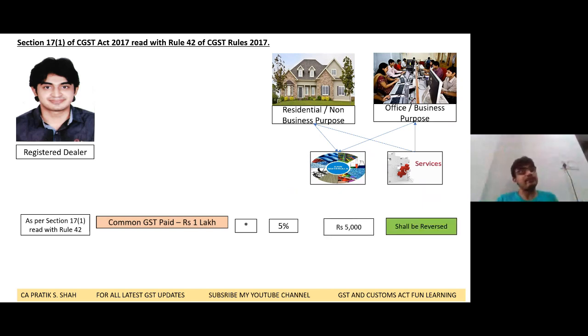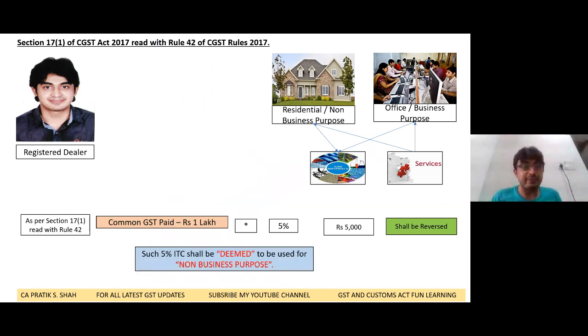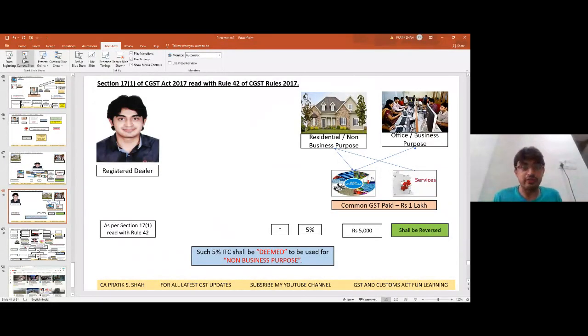So this 5% shall be reversed. Okay, so any exam question if you get, you have to do both. You are required to reverse that 5% also, and you are also required to reverse in the ratio of taxable and exempted.